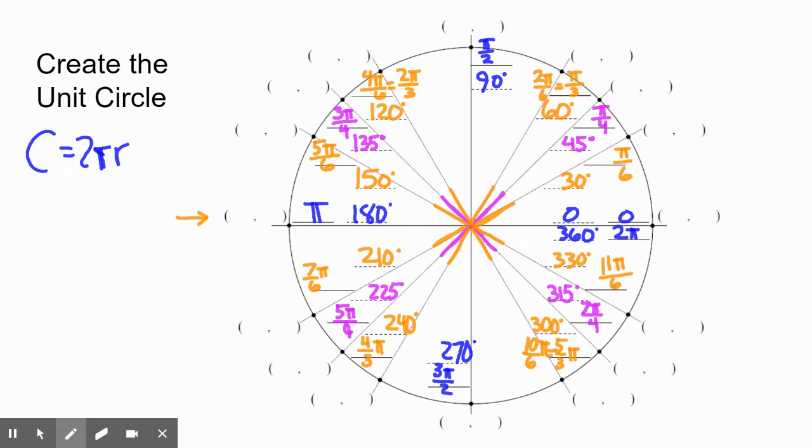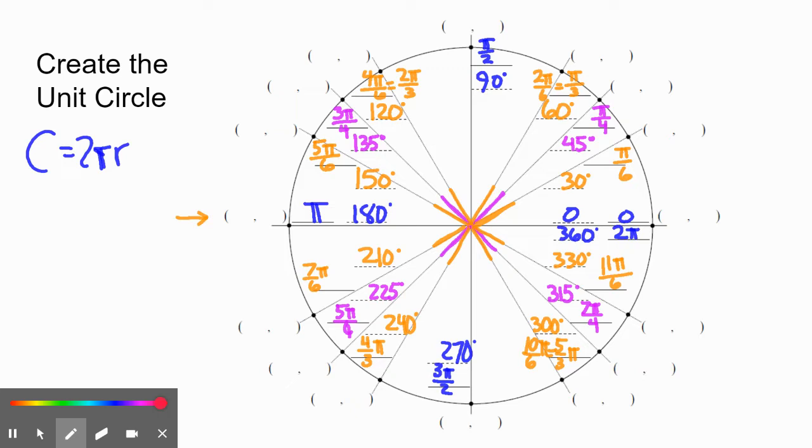All right, so now we got all those, and now we really only need to know 3 numbers from here on out. Let me switch colors here. We're going to go ahead and put the x and y coordinates on the axes.